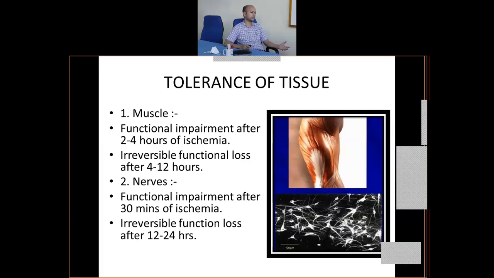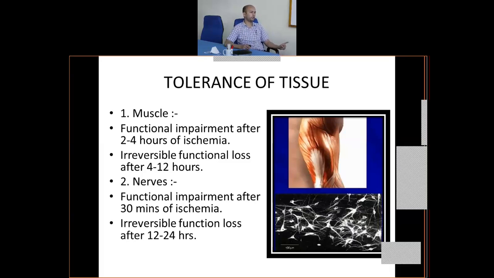But if there is some flow proximally, not that much, but distally external compression is there, then it might take 12 hours. But always keep in mind that the upper limit of irreversible functional loss for muscle is 12 hours, and the upper limit for irreversible functional loss for nerves is 24 hours.